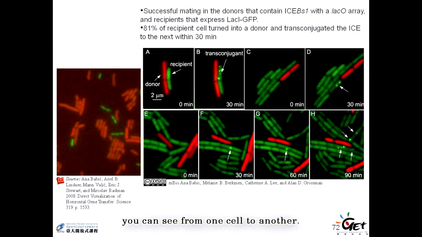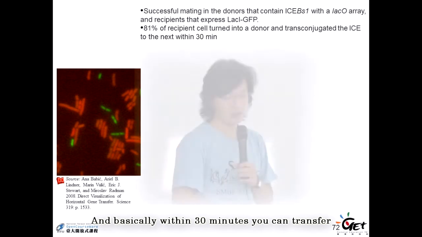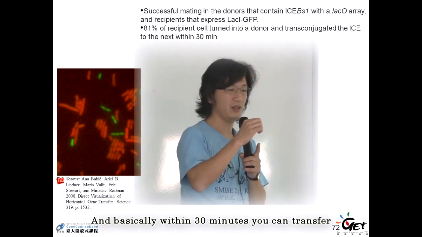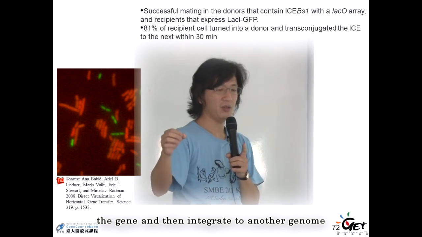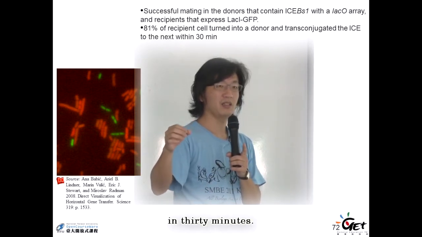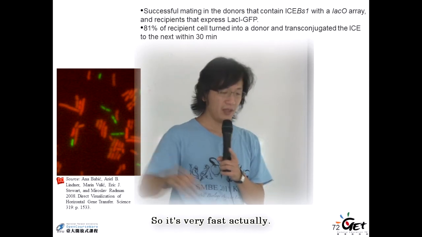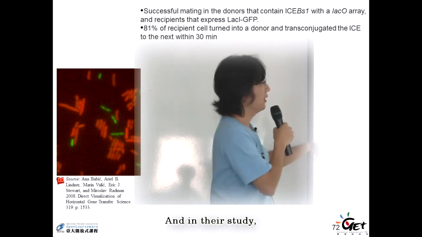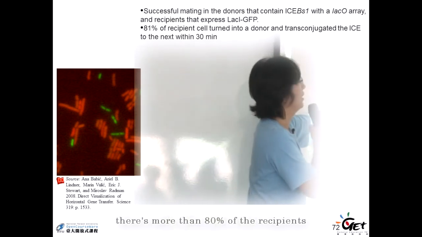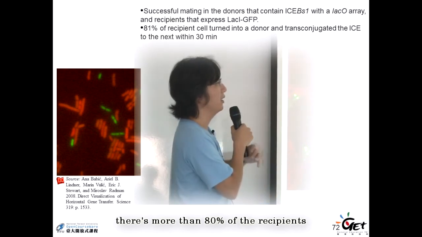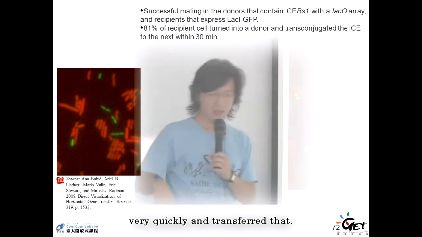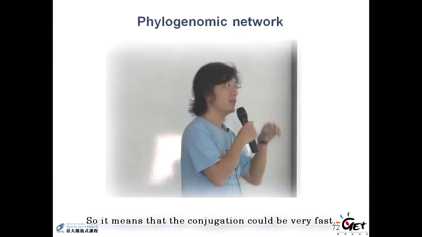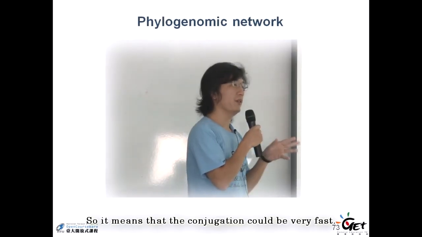You can see from one cell to another, and basically within 30 minutes you can transfer the gene and integrate it into another genome. So it's very fast actually. And in their study, more than 80% of the recipients turned into a donor very quickly and transferred it on. So it means that conjugation could be very fast.